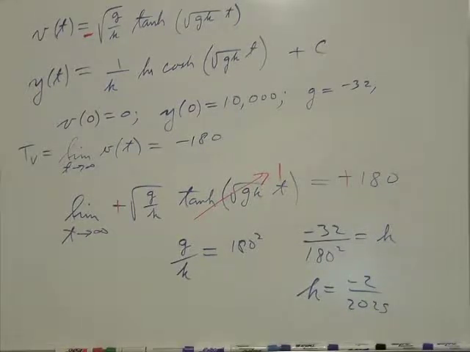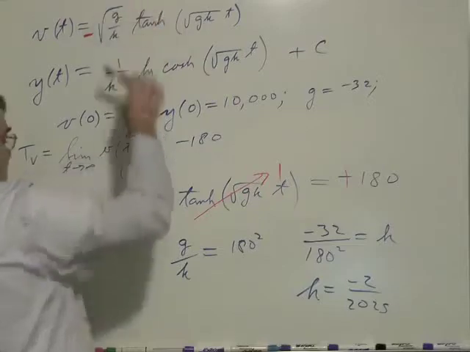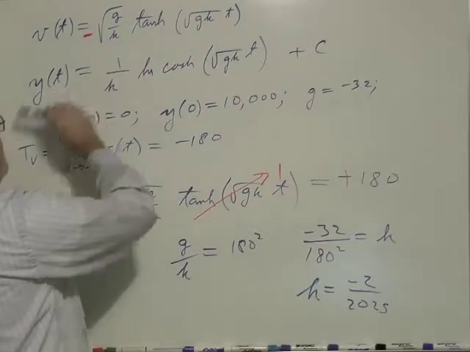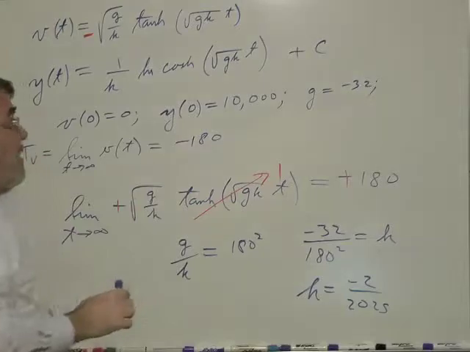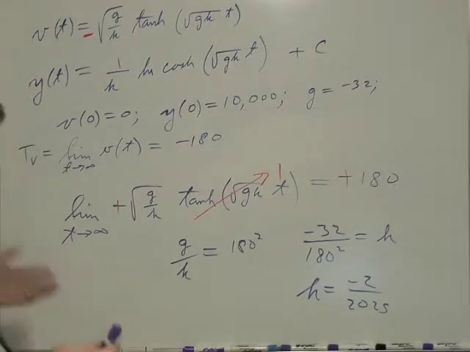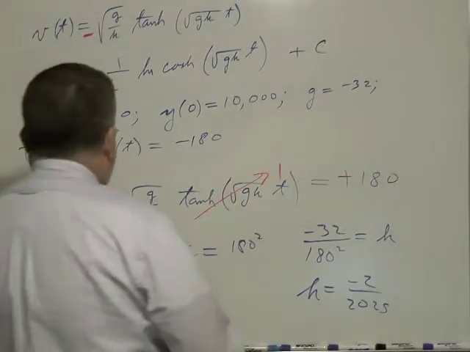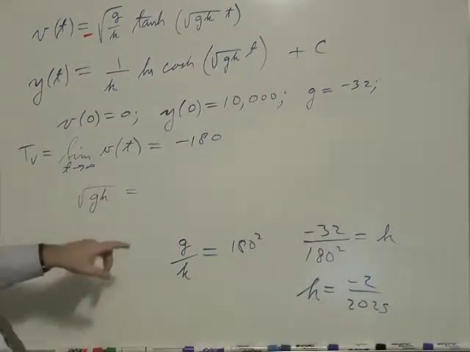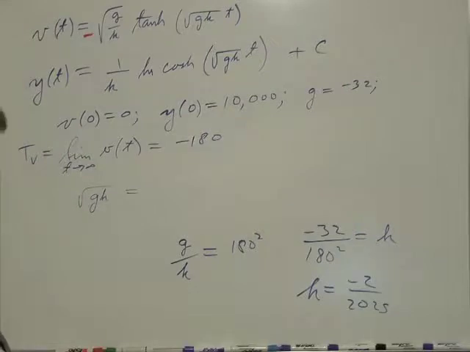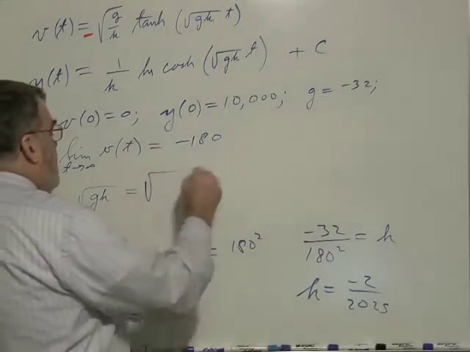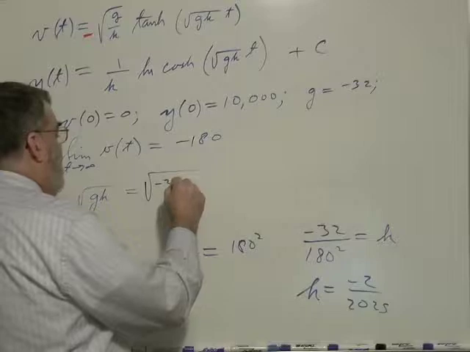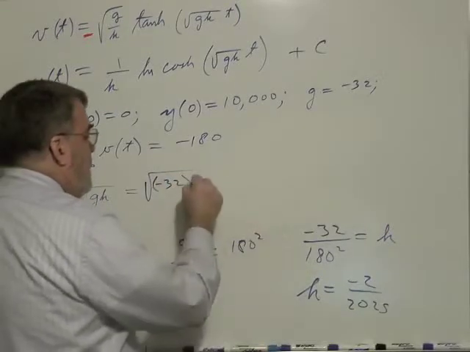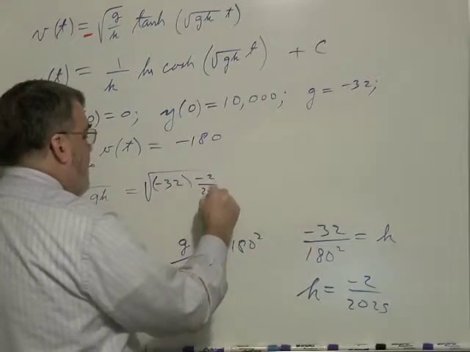So let's see, we know what k is, and what is the square root of gk? To fit everything in here, the square root of g over k would be 180, and we need to know what the square root of gk is. It's getting a little messy here, but let me make a little more room. So I want to know what this term is. The square root of g times k would be the square root of negative 32 times minus 2 over 2025.